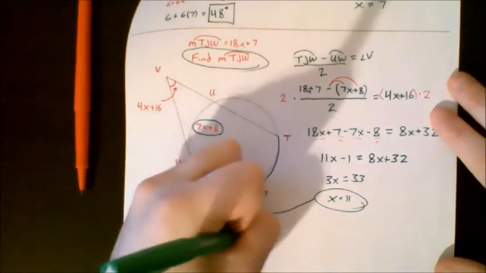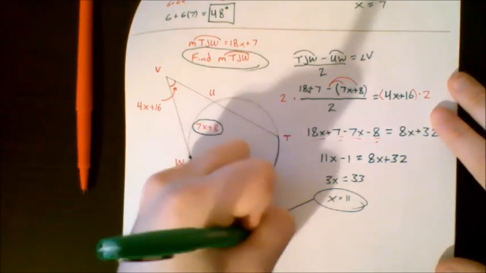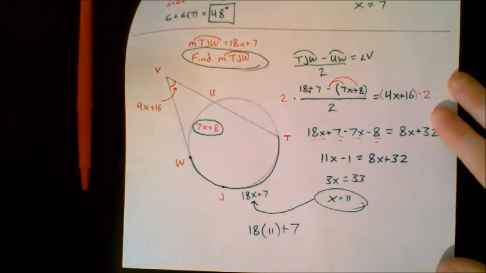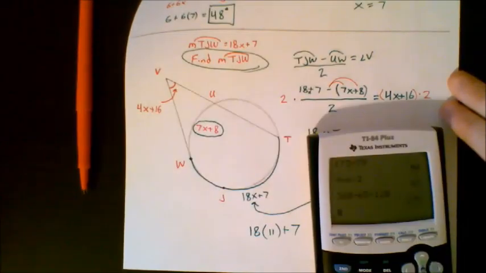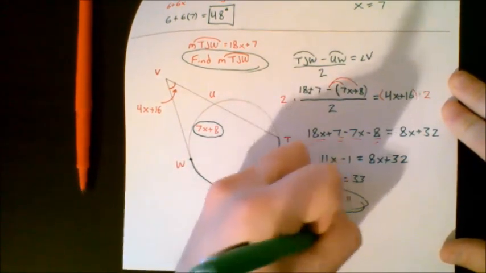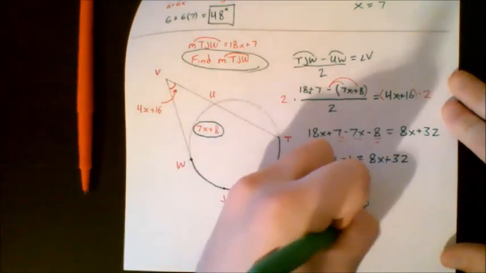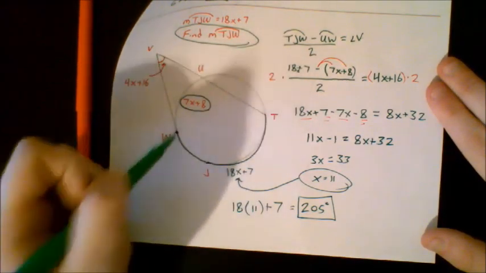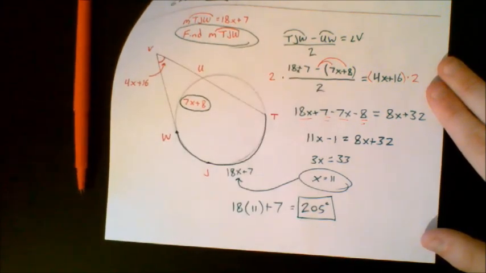So what that gives us is 18 times 11 plus 7. 18 times 11 is it? This equals 205 degrees. And that is our final answer. Arc TJW equals 205 degrees.